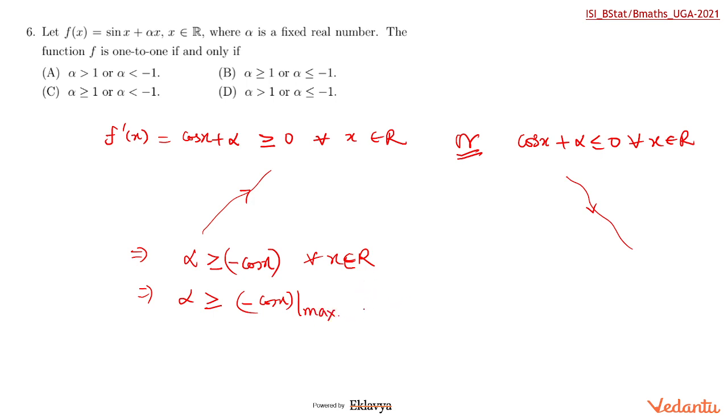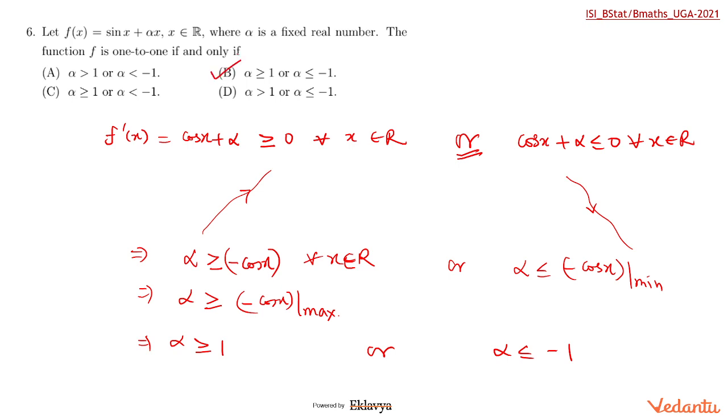And in the second case we can say alpha should be less than or equal to all values of minus cos x, that is, less than or equal to its minimum value. So here the max value of minus cos x is 1, and the min value of minus cos x is -1. So alpha would either be greater than or equal to 1 or less than or equal to -1 for it to be 1 to 1. If and only if, option number B is correct here.